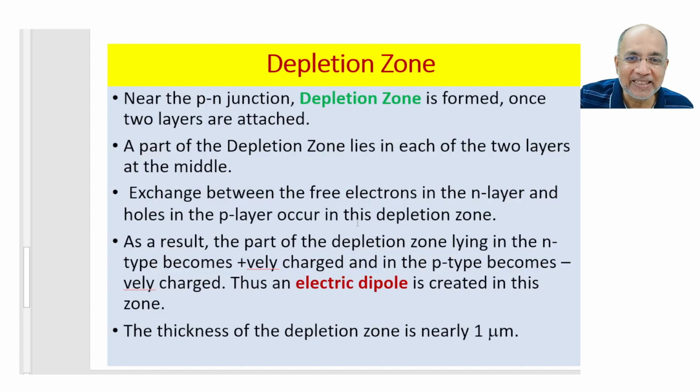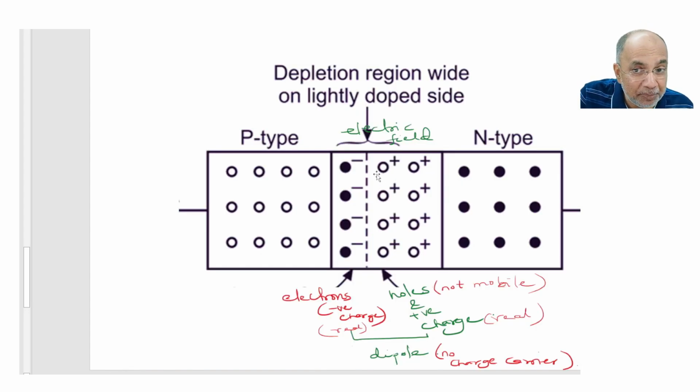Right? Now, what is the depletion zone? What's the interesting part about the depletion zone? Why the name depletion? Now see, what happens: supposing this is the N side, this is the P side, and this is the junction. On the N-type side, once you connect the two, what happens?